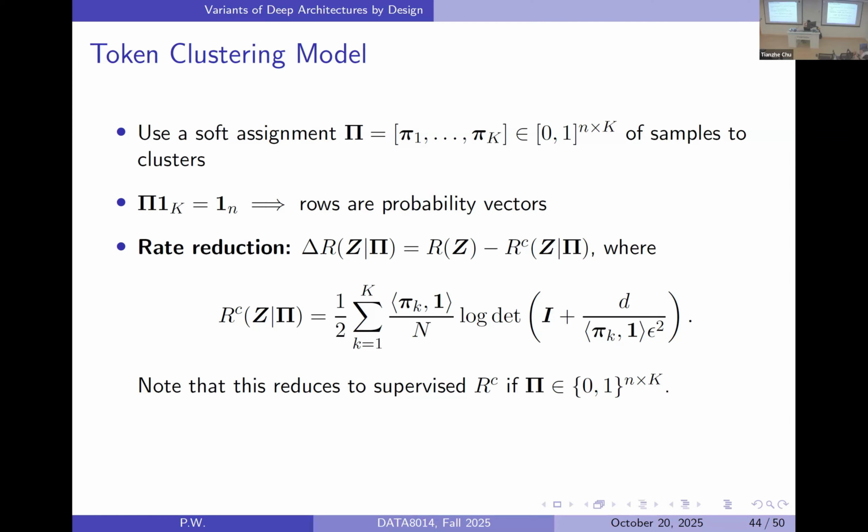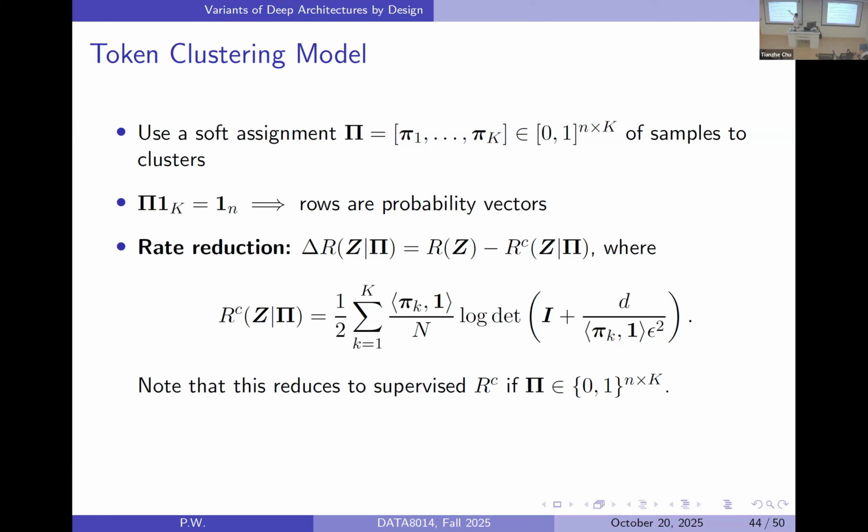We use an assignment matrix, a soft assignment that we denote as pi, with K columns, where capital K denotes the total number of clusters. It is a sample-to-cluster assignment of size capital N times K, and the summation of each row is 1, so the rows are probability vectors.